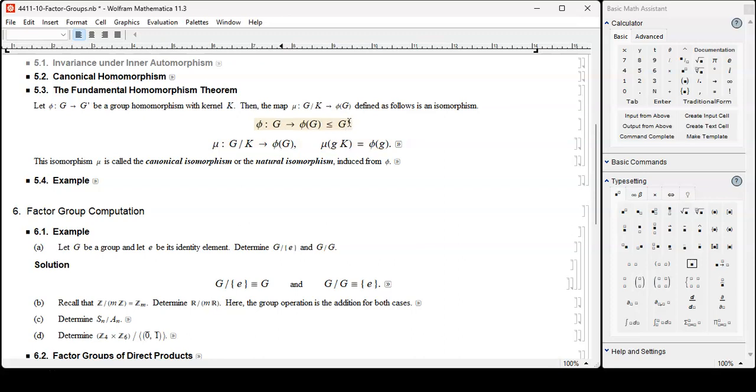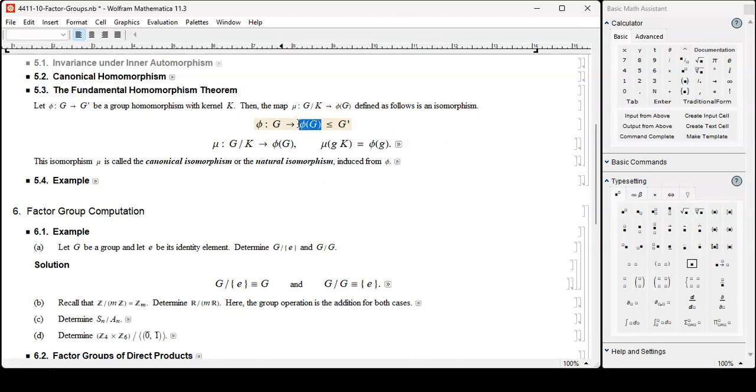Phi is sending G to phi of G, and phi of G is actually a group as well because it's a subgroup of G prime. So disregarding this, we actually have an epimorphism. It's a homomorphism onto the image phi of G.